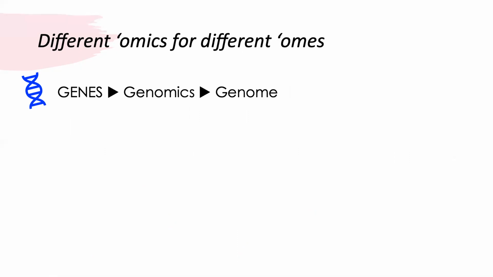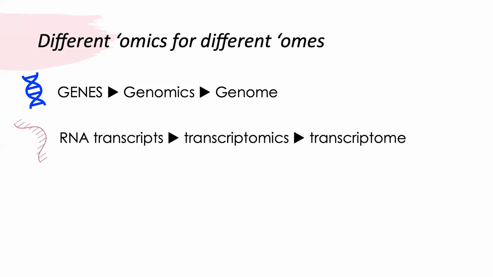But we don't just stop there, because although genomics can give us lots of information about what could happen in a cell, because all cells have the same DNA, it doesn't necessarily tell us much about what of the DNA is being used. And to do this, we need tools that look at the so-called expressed genome. And the first message in the expressed genome is what is known as RNA.